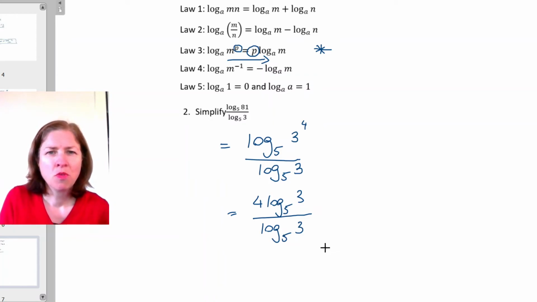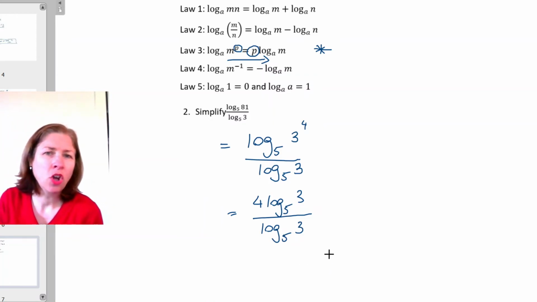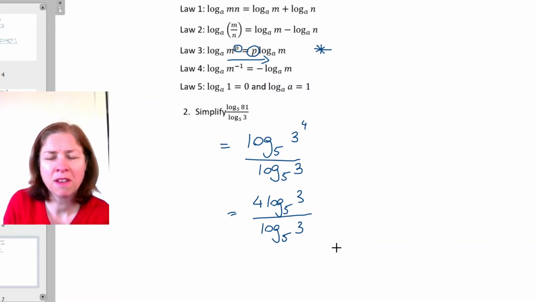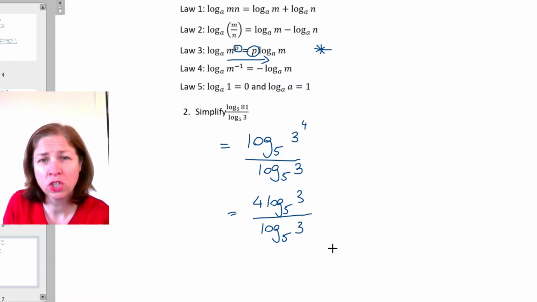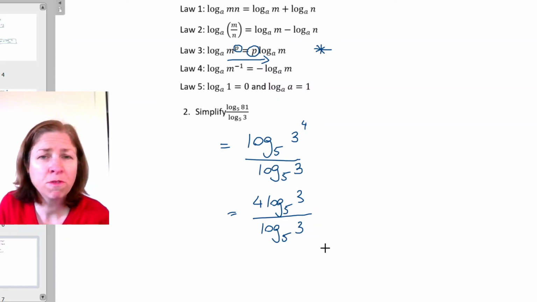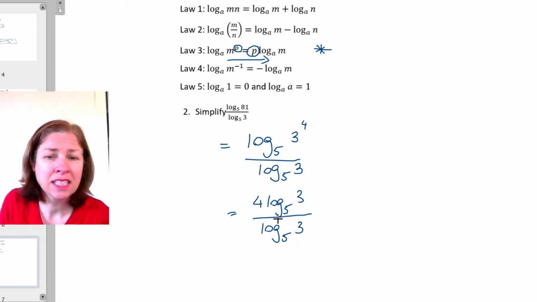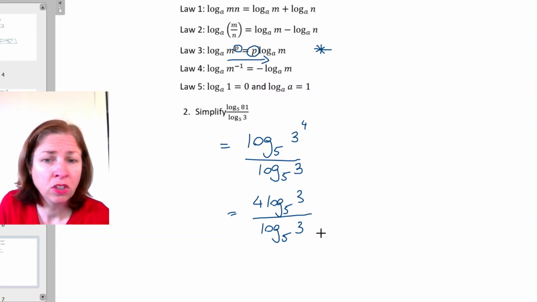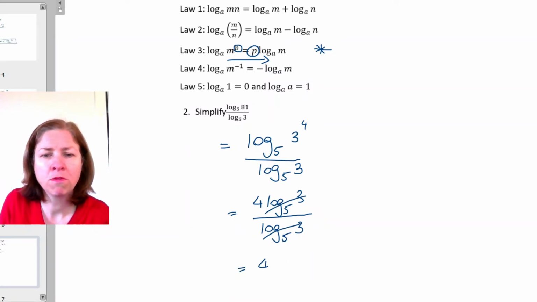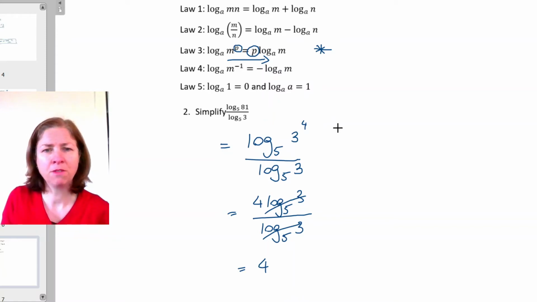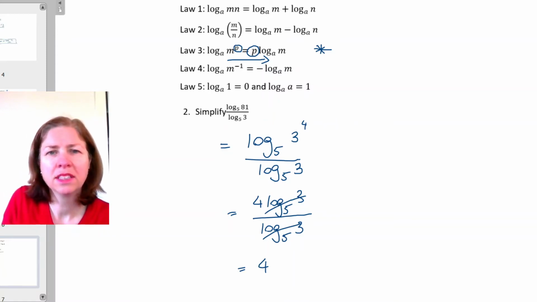Now, what we have to remember here is that a logarithm is a number just like any number. If this was 4 times 2 over 2, you would know what to do. If it was 4 times pi over pi, you would know what to do. It's the same thing. This is 4 times the number that is log base 5 of 3 over the same number, log base 5 of 3. So we cancel them out and we're left with 4. And that's it for that one. All right, let's look at the next one.